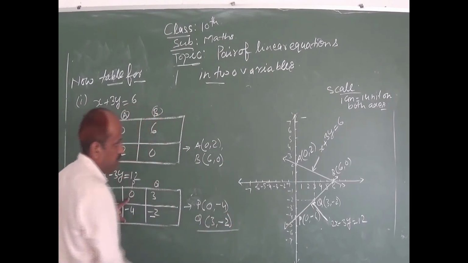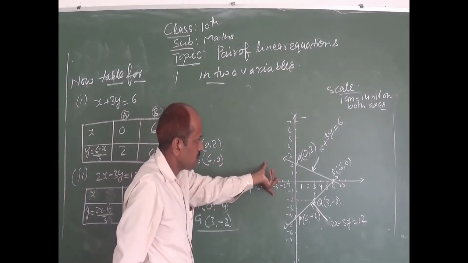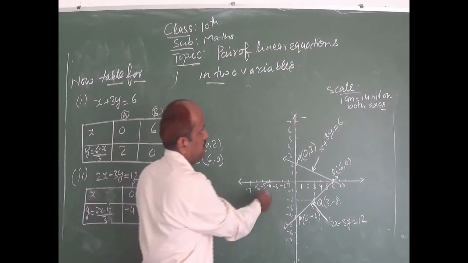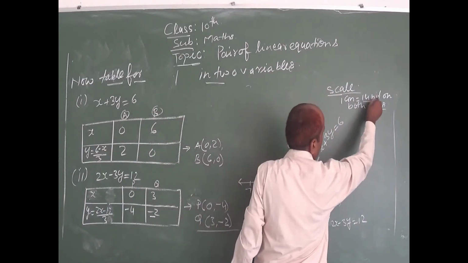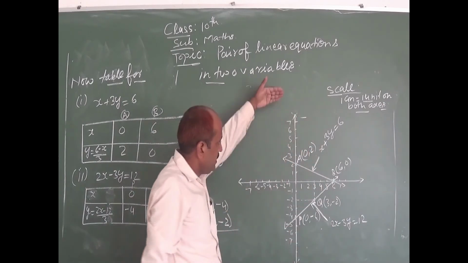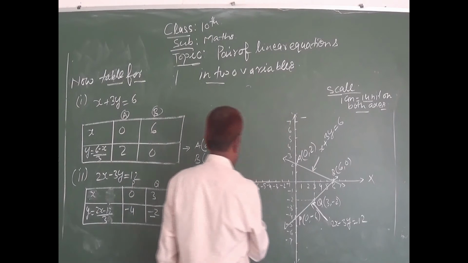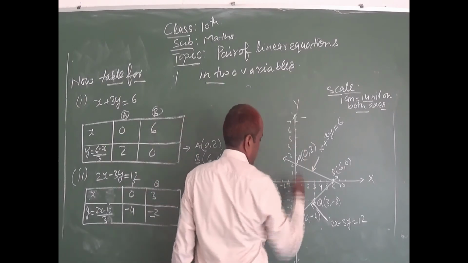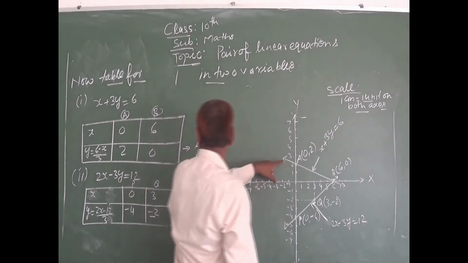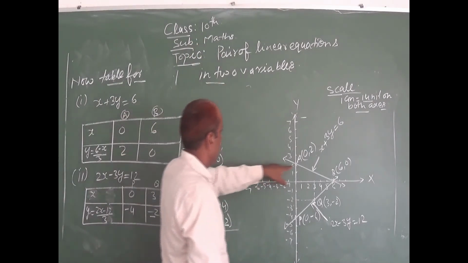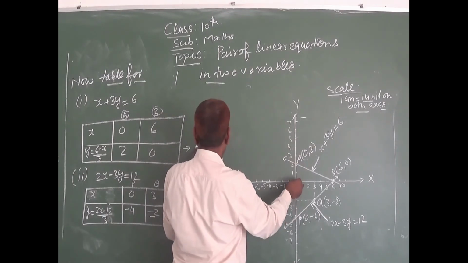So students, now we are going to represent this on the Cartesian plane, means on the graph. First we select the scale, choose 1 centimeter is equal to 1 unit on both axes. Here is our x-axis, x dash, and this is y dash. First I am going to locate the position of A. A is x is 0 and y is 2.